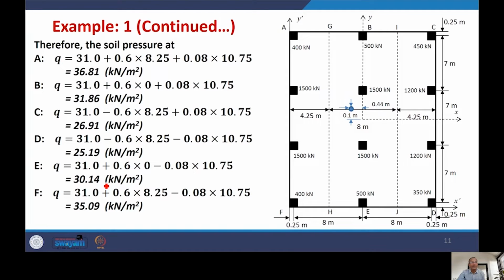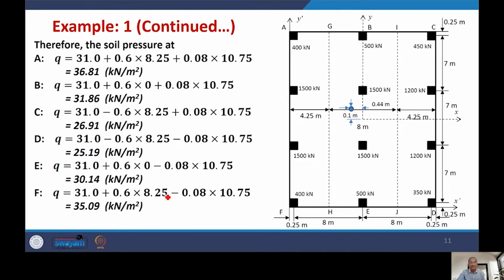If I compare with this 31 minus 0.6, it was 0 here. This was Q, and Q is negative. So you end up with 30.10.